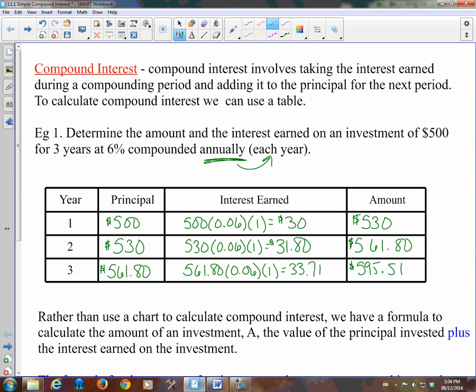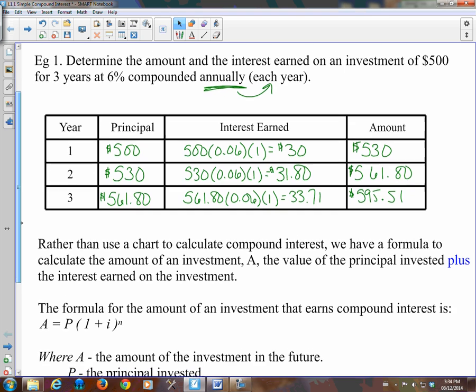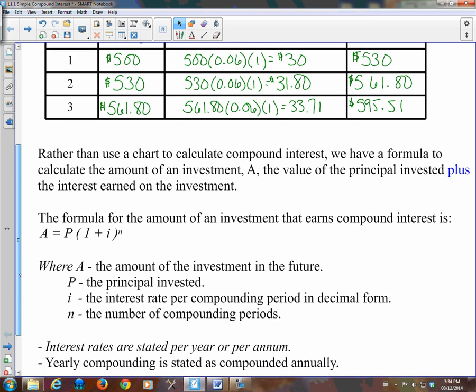So the idea is that you take your interest earned, add it to your principal, and you get a new amount in the principal. And because there's more principal, you will get more interest. That is why compound interest is a more popular way to save money.